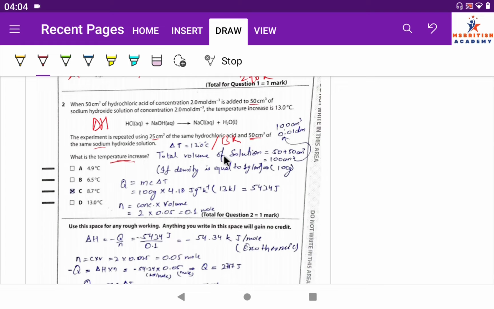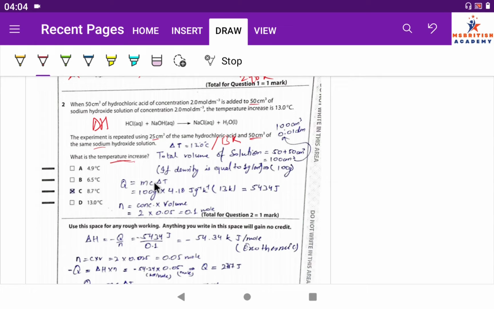Now the total volume of solution is 50 plus 50, 100 centimeter cube, and if we assume the density is equal to 1 gram per centimeter cube, the mass of solution will be 100 grams.